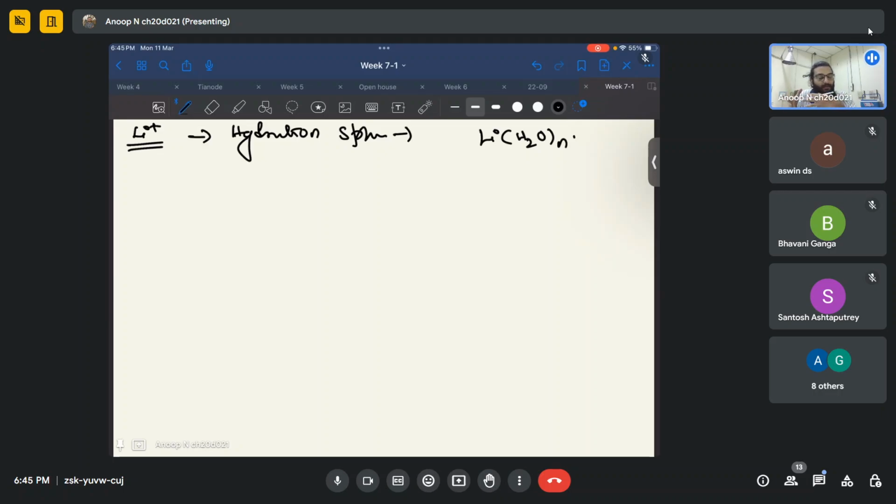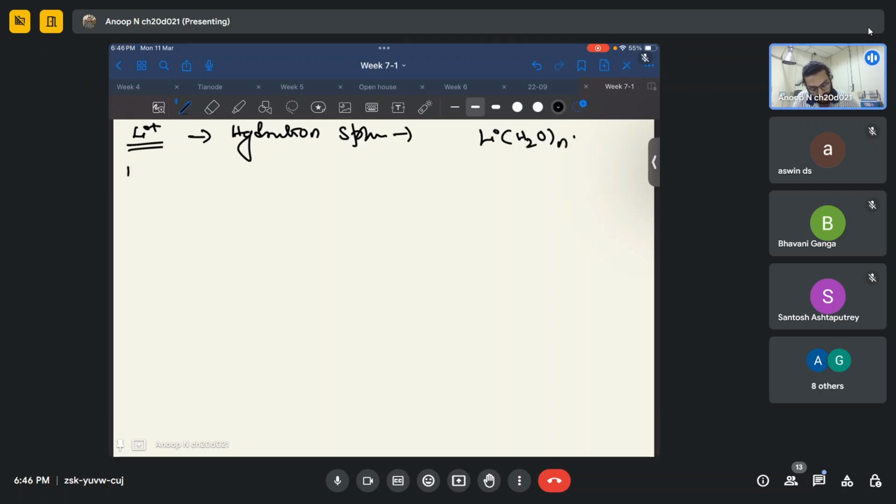If something is bulkier, it will find difficulty moving from one end to the other. Similarly, the entire size, that is lithium plus its hydration sphere, is the biggest, so it will find difficulty moving from one end to another. When we go down the group, the size of the cation plus its hydration sphere decreases, so they can move faster.